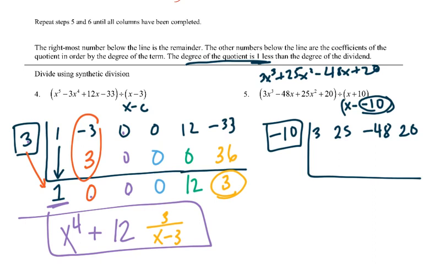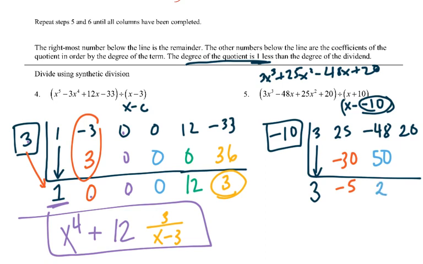Okay, bring down my leading coefficient. We have a 3. All right, negative 10 times 3 is negative 30. 25 plus negative 30 is negative 5. Negative 10 times negative 5 is positive 50. Negative 48 plus 50 equals positive 2.